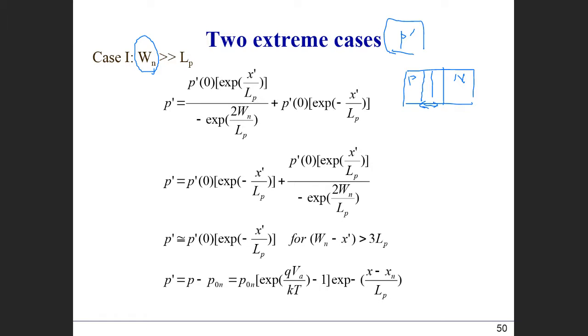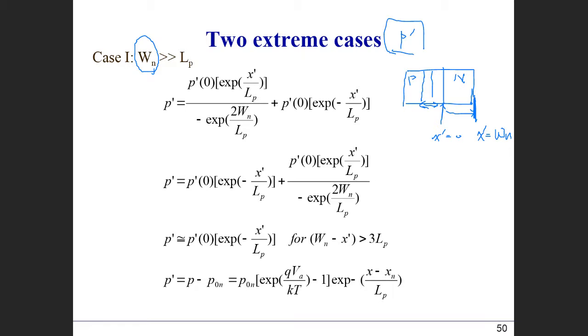Our interest is in the hole concentration on the N side. Let's say this position is the x prime equals 0 position, and the position here represents x prime equals Wn. That's the metal location.